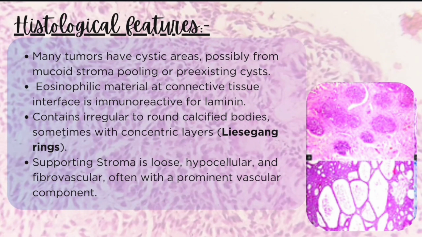Eosinophilic material at connective tissue interface is immunoreactive for laminin. Many lesions contain irregular to round calcified bodies, sometimes with concentric layers. These are called Liesegang rings. Supporting stroma is loose, hypocellular and fibrovascular, often with a prominent vascular component.